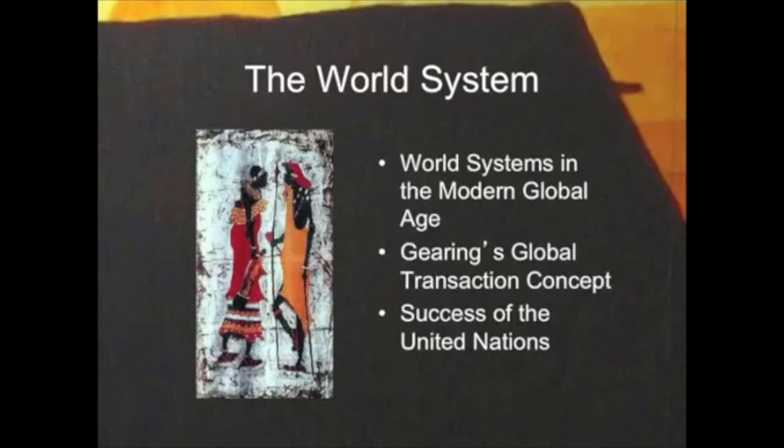So the successes of major global political structures such as the United Nations really are a byproduct of Gearing's perspective on how global transaction occurs in light of a colonial and a post-colonial age. The idea that, okay, we'll work within the framework that has been forcibly given to us, but we will make sure that our local voice is heard, and there will be exchange.